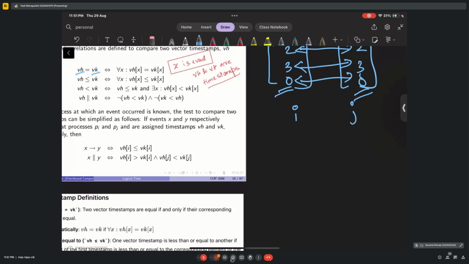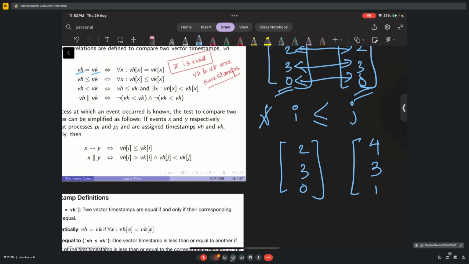So if I'm saying timestamp VH is less than equal to VK, that means for all I and J, I should be less than equal to J. Understood? This means that 2, 3, 0, and if I write 4, 3, and 1, this relation holds.